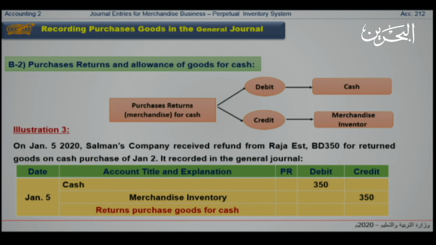Moving to the purchase return and allowance for goods for cash. In our example, Salman Company also received a refund from Raja. The amount of this refund is 350 BD. How can I write this transaction?